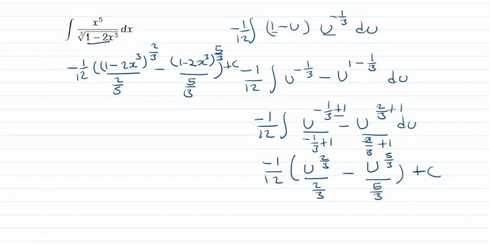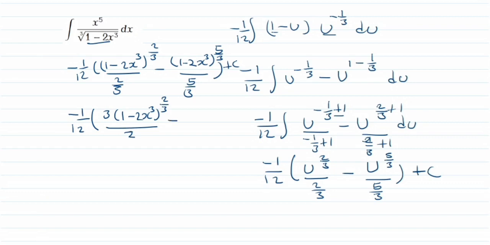So simplifying, we are going to have 1 over 12 open. Here it will be 3, so we have a 3 down here, so it will be 3 open 1 minus 2x to the power 3, to the power 2 over 3, then everything over 2 for the first part.